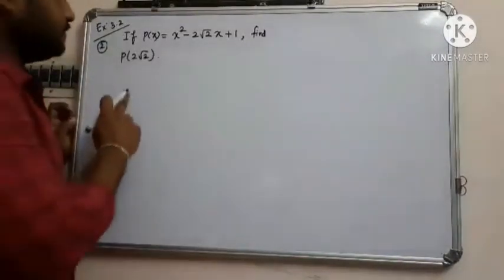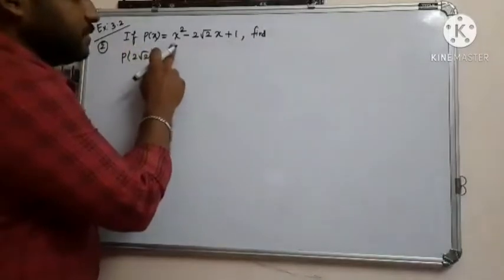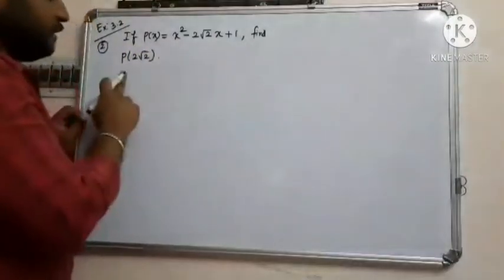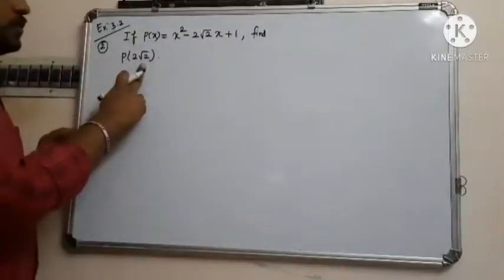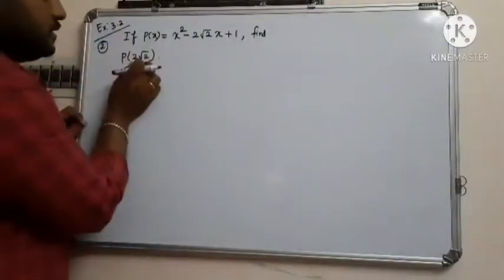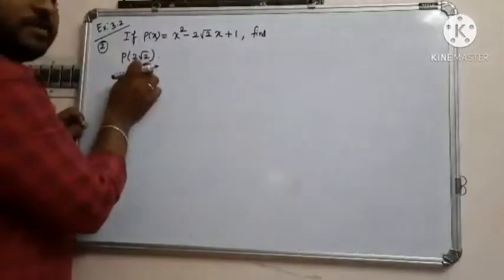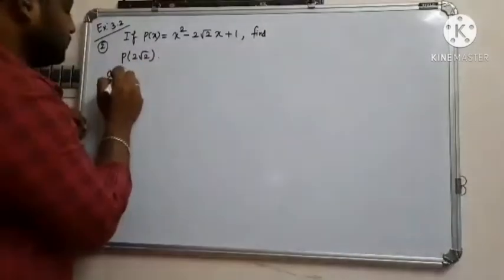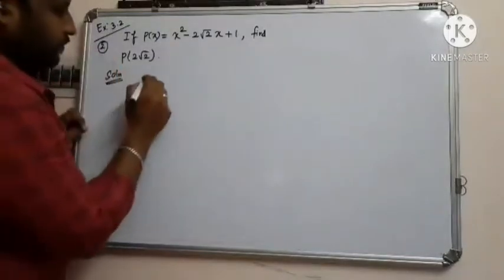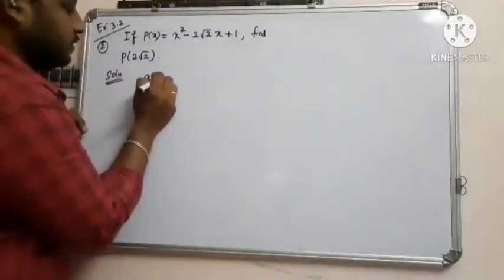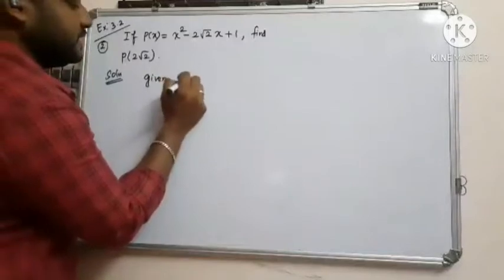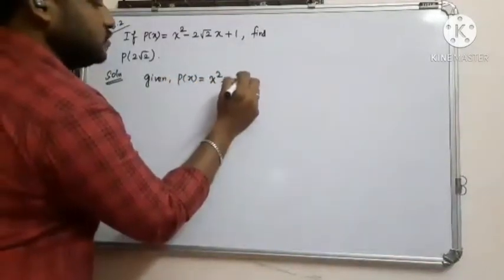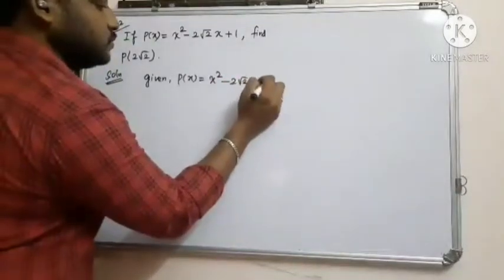And then second question, if p of x is equal to x square minus 2 root 2x plus 1, then find the value of p of 2 root 2. You have to substitute 2 root 2 instead of x. So solution, given p of x is equal to x square minus 2 root 2x plus 1.